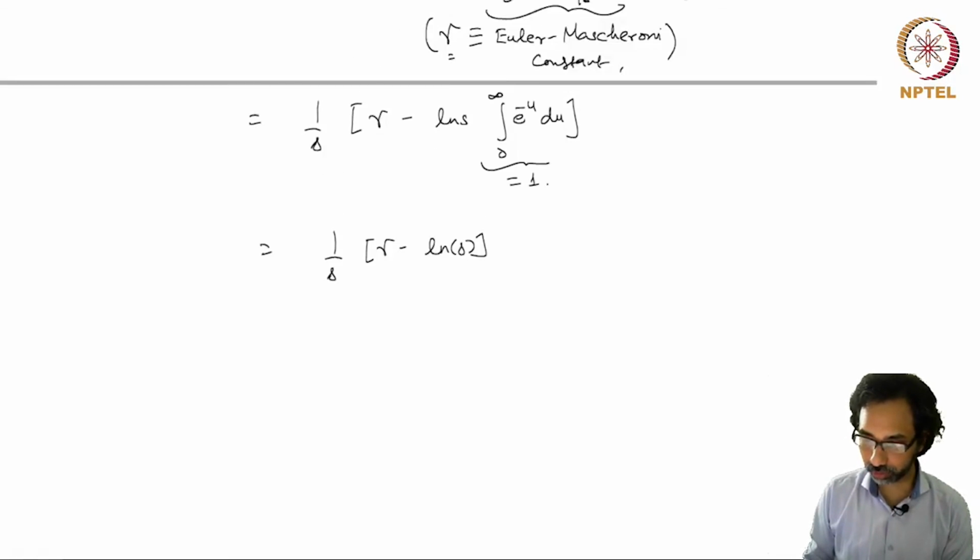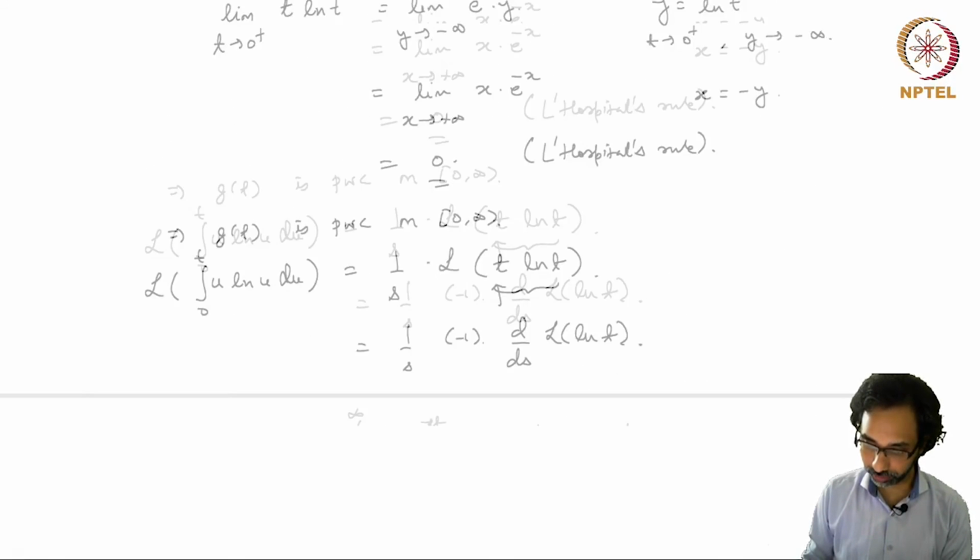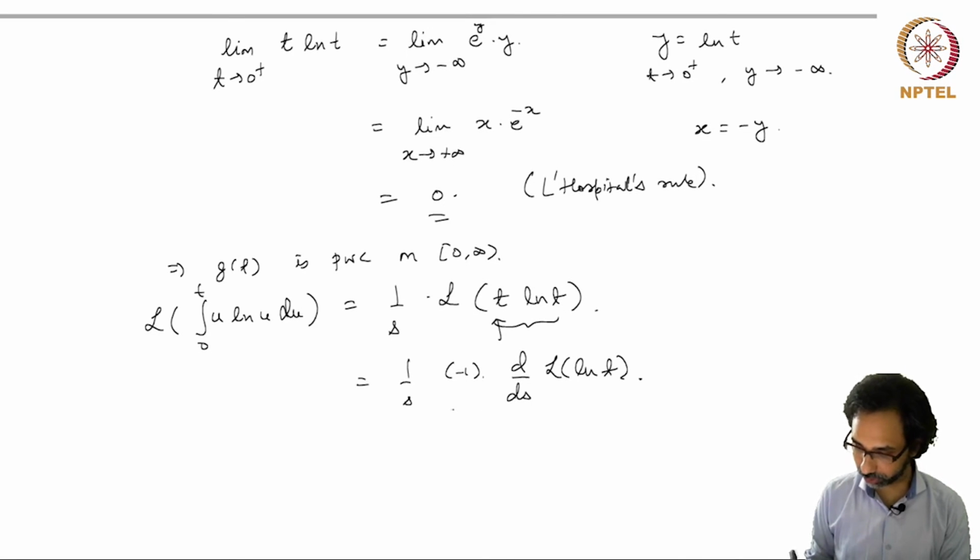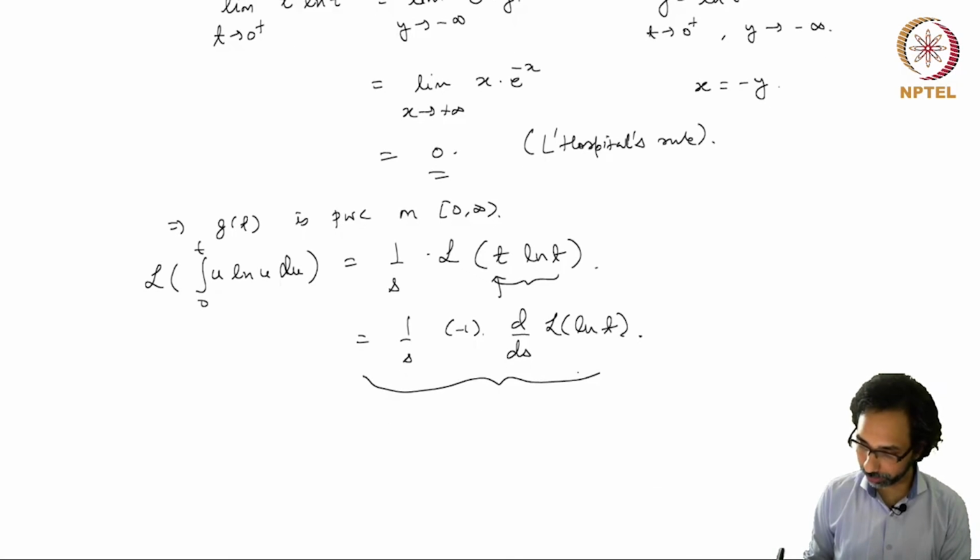So now we go back to our original function. This was what we wanted to compute. We have already computed the Laplace transform of ln t, and we have to take the derivative, and there is a minus sign.